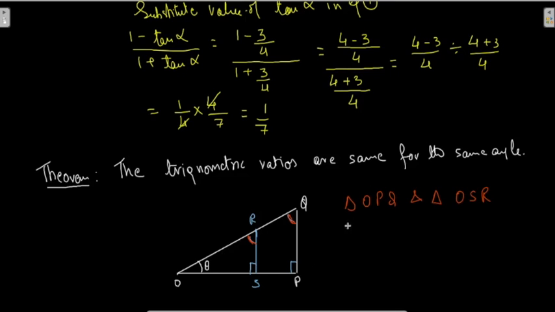Now here, angle O is common, right? Angle S is equal to angle P and is equal to 90 degrees.